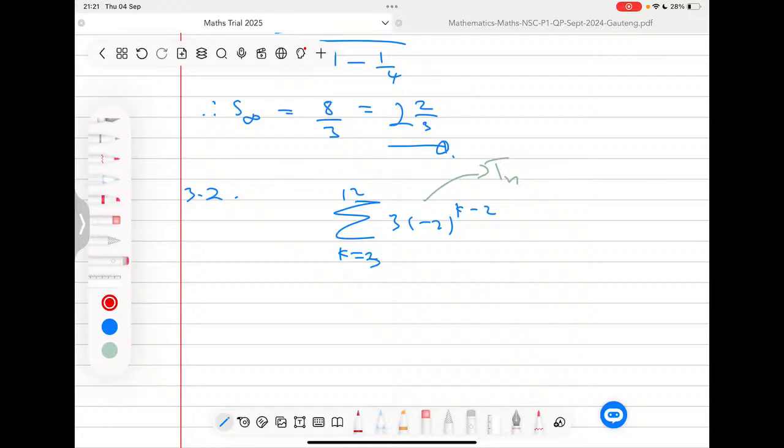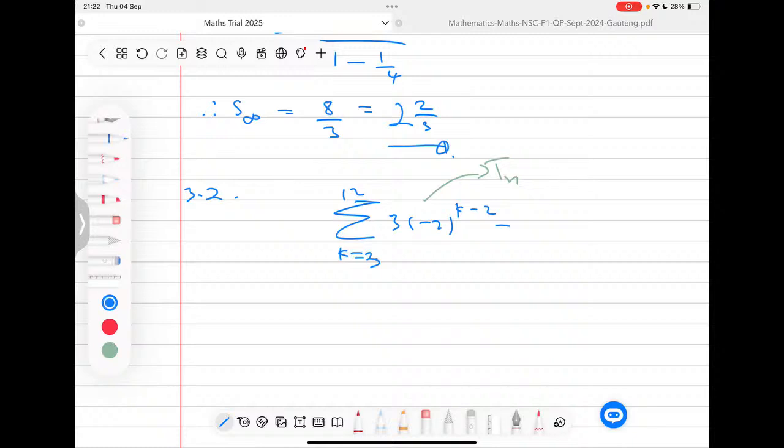So here we are saying we are adding the terms. So this symbol here means summation, the sum. We are adding the terms of this sequence or series, and we begin that when k is 3 and we are ending at 12. So that means I'm going to start first by putting a 3 here.